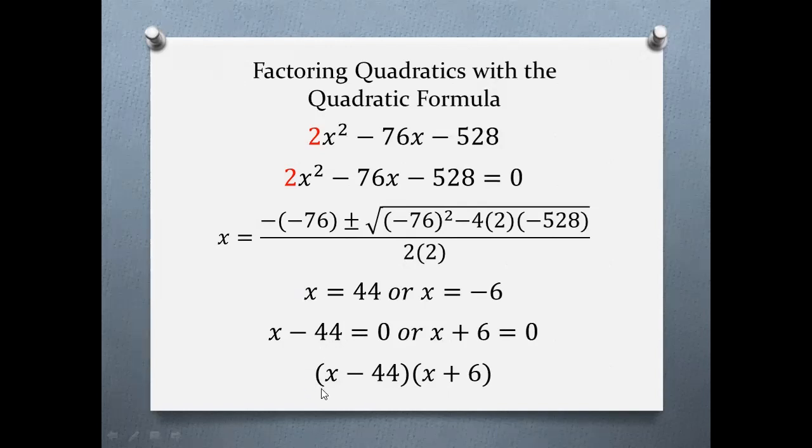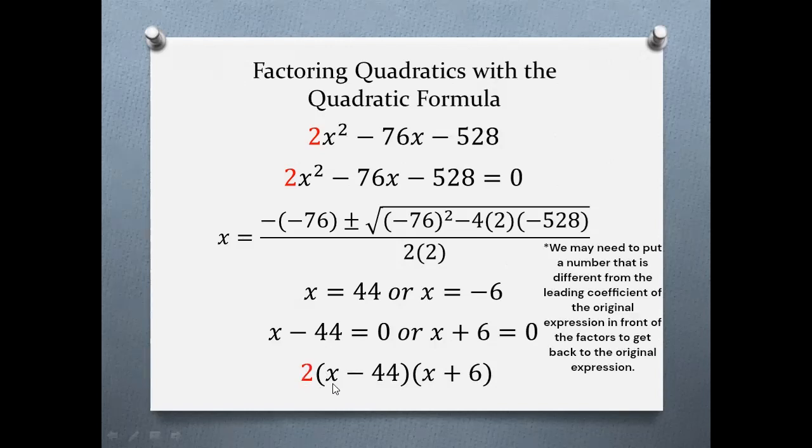Now, for this particular expression, if we do use the FOIL method, we see that the leading coefficient is 2 in the original expression. But if we multiply x times x, we get a coefficient of 1 for the x squared. Now, to compensate for this, we would take this leading coefficient and just put it in front of this factored form.